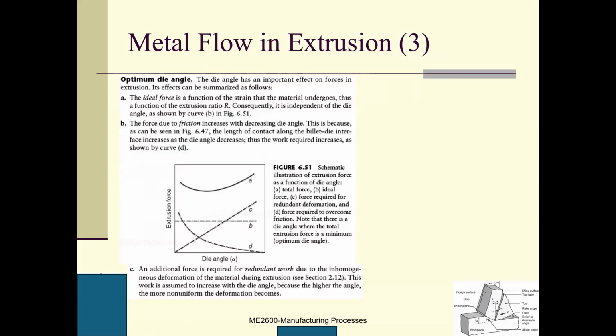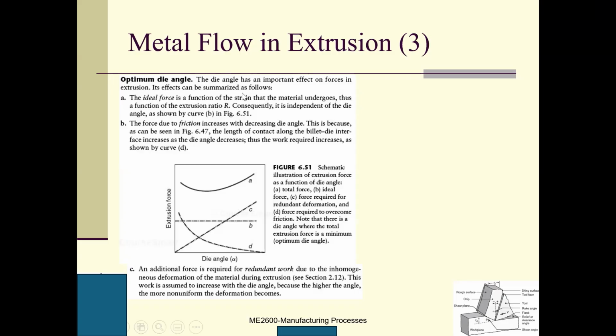If I press the billet, this raw material, the material can flow from some surface or from some orifice. This angle is called the die angle. The die angle has an important effect on the extrusion process. Why? Because if the die angle is very large, it needs more force.